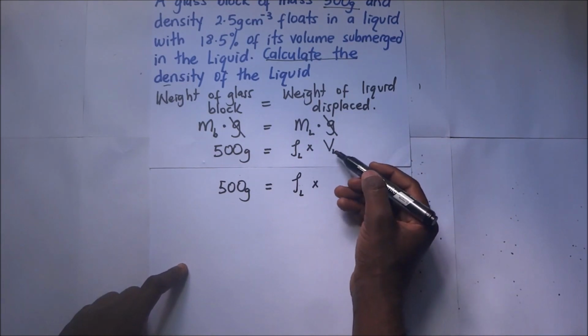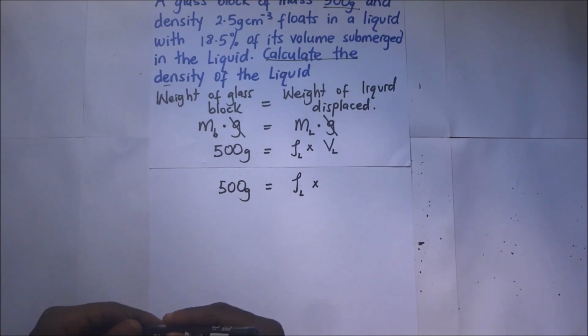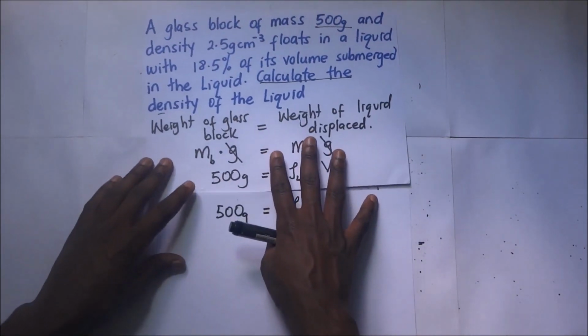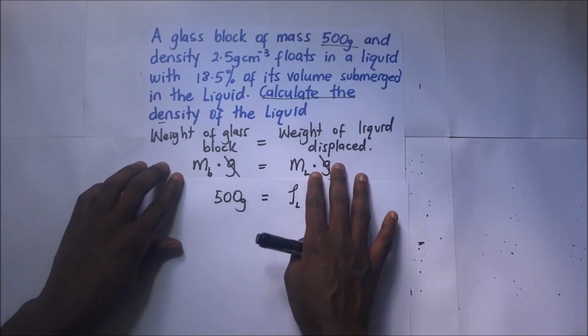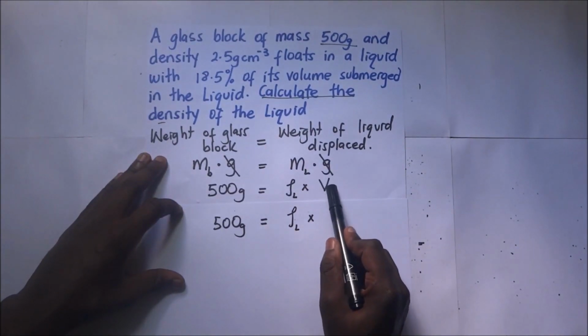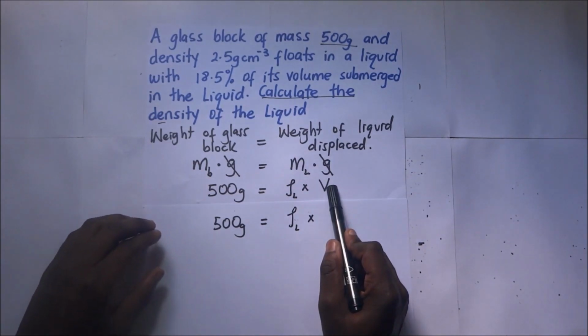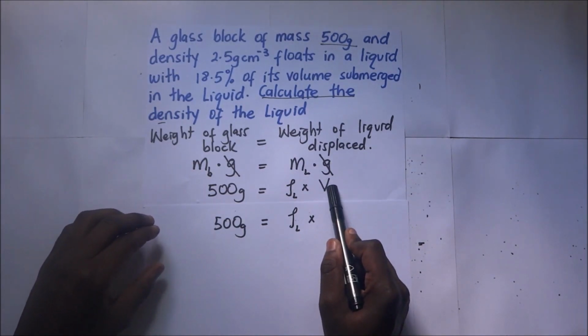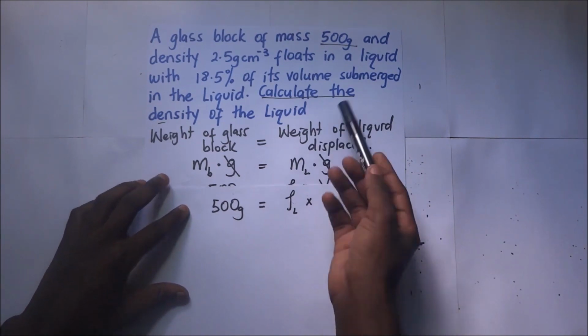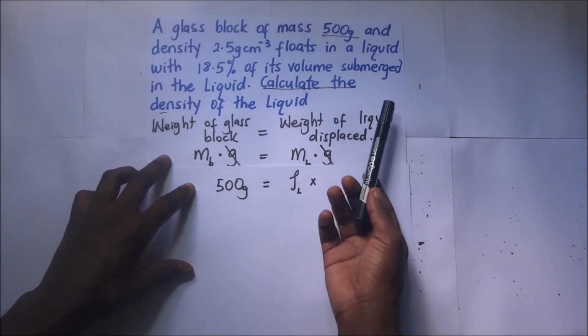Now here we are looking at the volume of the liquid that has been displaced. Of course, this has not been given to us directly in the question, but we know that the volume of the liquid displaced is equivalent to the volume of the portion of the solid that was actually submerged. So we just need to look for the volume of the solid that was submerged.